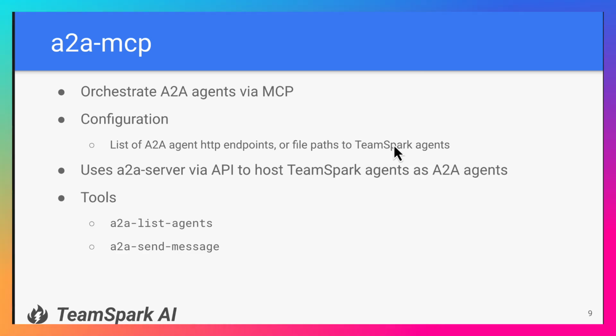And if you do that, it'll actually use the A2A server API to host the TeamSpark agents as A2A agents. So I said A2A a lot of times in there, but basically I can set up this MCP server and say, hey, here's an A2A server endpoint, or here's a TeamSpark agent or a bunch of TeamSpark agents. And all you have to know is that it's then just going to magically make all those agents available to the LLM, the agent that's using the MCP server, or in our case, it'll be TeamSpark.